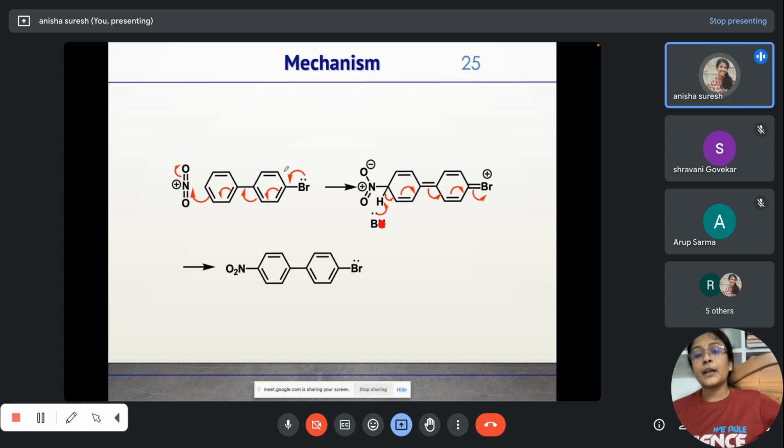So here, since the delocalization in this case is more, nitration is taking place at this para position. This ortho product can also take place, when this bromine's lone pair is falling here, this can go and attack at this.